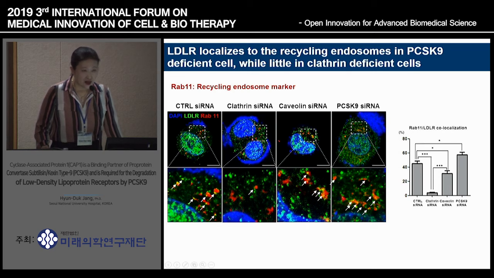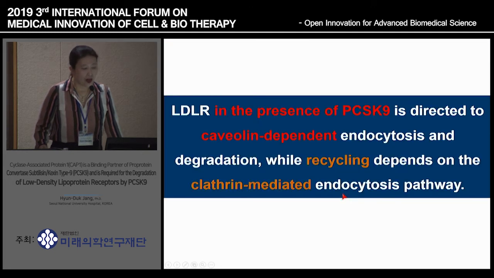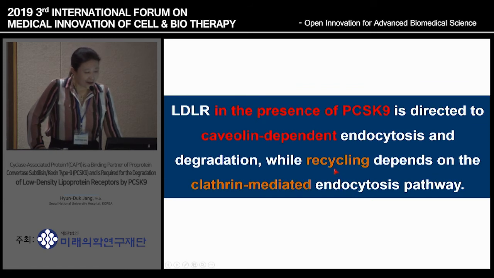Which means clathrin-mediated endocytosis is needed for recycling. So taken together, LDL receptor in the presence of PCSK9 is directed to caveolin-dependent endocytosis and degradation, while recycling depends on the clathrin-mediated endocytosis pathway.